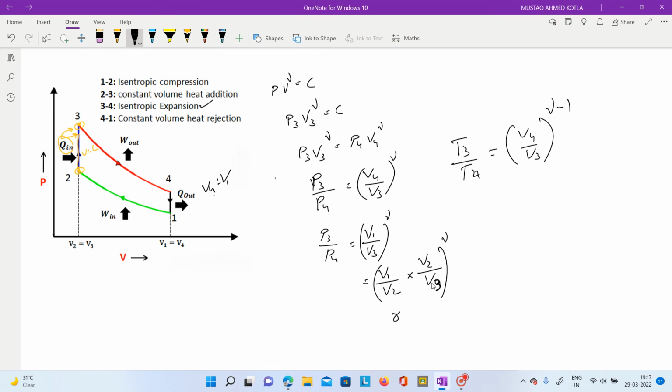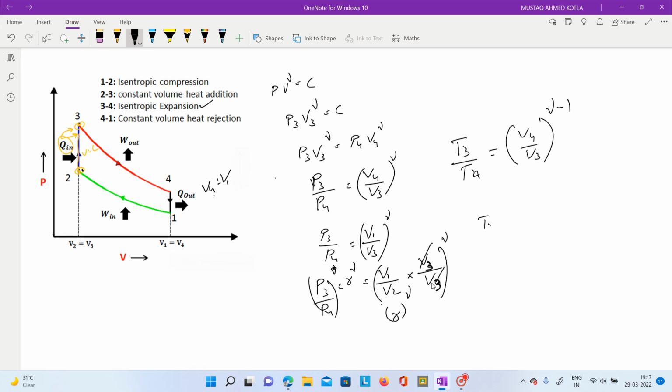V3 cancels with V2, so V1 by V2 equals r only. See, V2 equals V3, then P3 by P4 whole power gamma equals r power gamma.